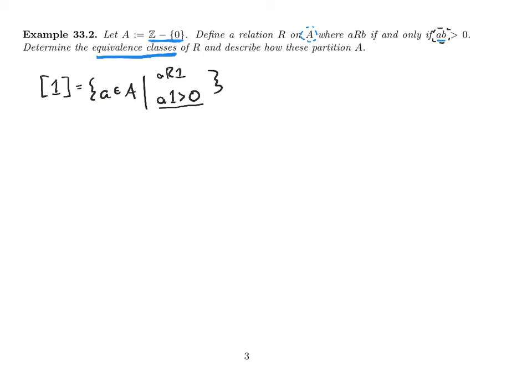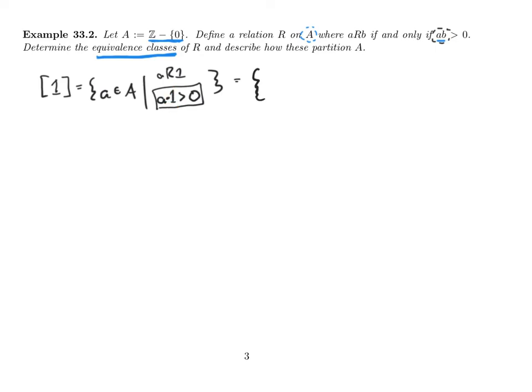So this is what we need. a times 1 is greater than 0. So what elements in the integers, not including 0, give us this? Well, if you think about it, as long as a is positive, then a times 1 will, of course, be positive. Multiplying by 1 does nothing.